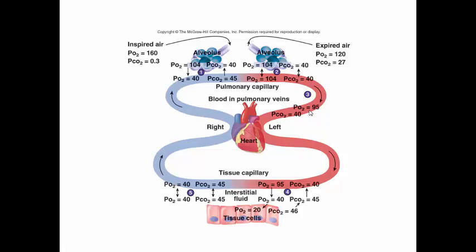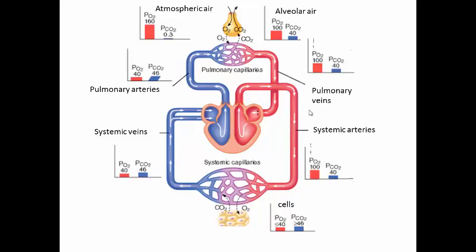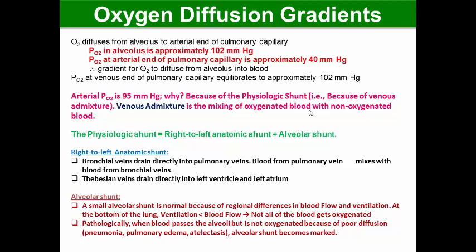The partial pressure of oxygen is decreased a bit. What are the reasons for this partial drop in the partial pressure of oxygen? This is because of what is known as the physiological shunt. What is the meaning of the physiological shunt? By physiological shunt, we mean the venous admixture. What is the meaning of venous admixture? This is the mixing of the oxygenated blood with non-oxygenated blood. What's the meaning of this?